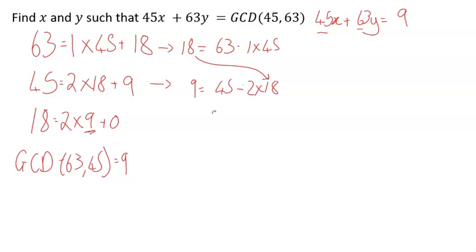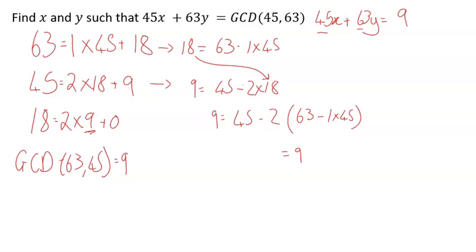So I can rewrite it as 9 equals 45 take away 2 times the 63 minus 1 times the 45. So I've got it there in terms of that. Now all I'm going to do is expand that bracket, gather all my like terms, and I can start to look at coefficients. I'm also going to swap the sides round so I've got equals 9 rather than 9 equals, just to maintain the format.